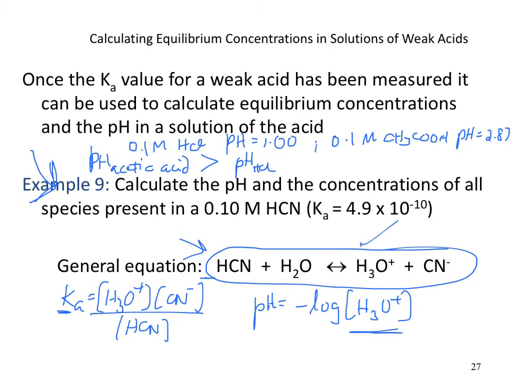So whatever is the concentration of hydronium, same should be the concentration of the cyanide. These problems are best solved by what are called ICE problems. So I'm going to write down the equation again. HCN plus H2O gives you hydronium plus CN negative.